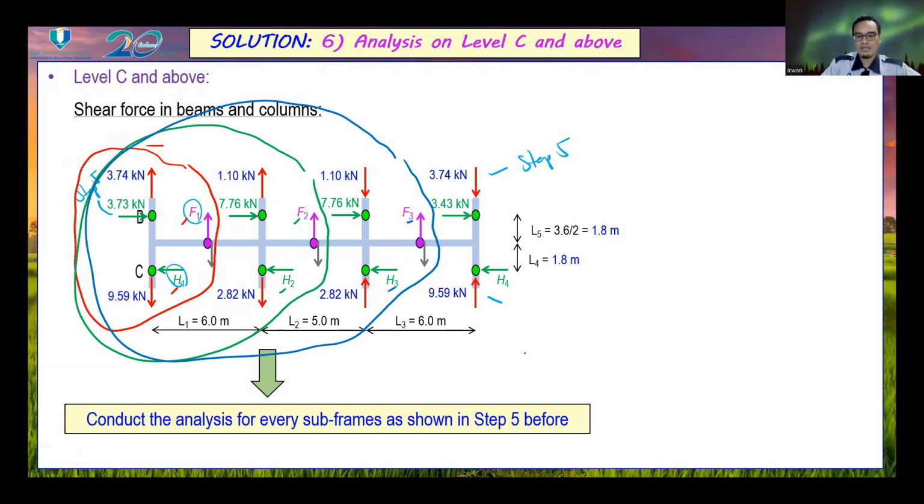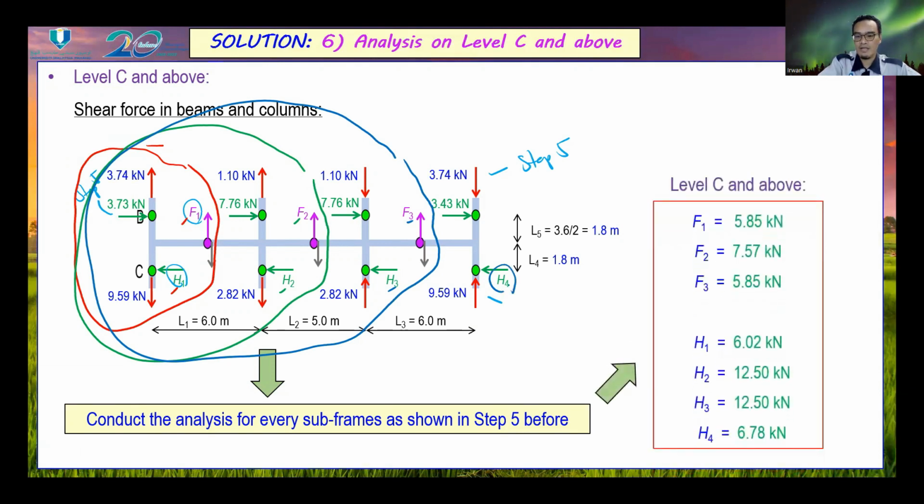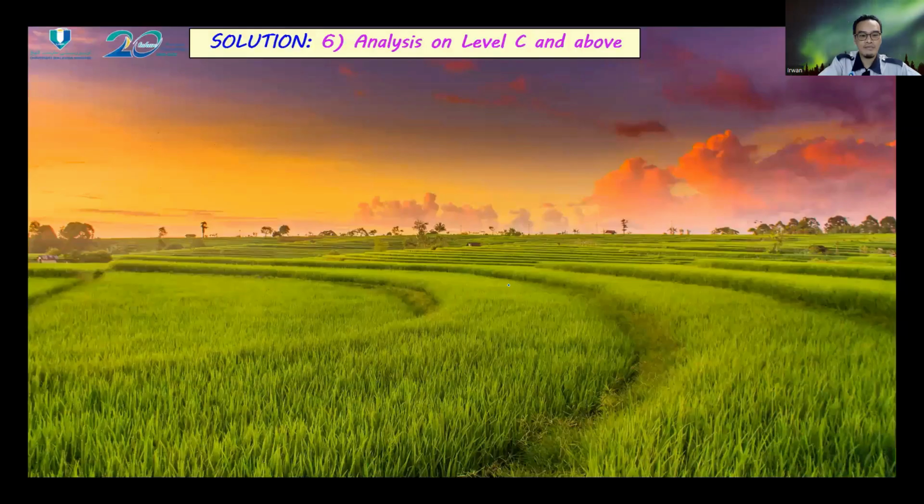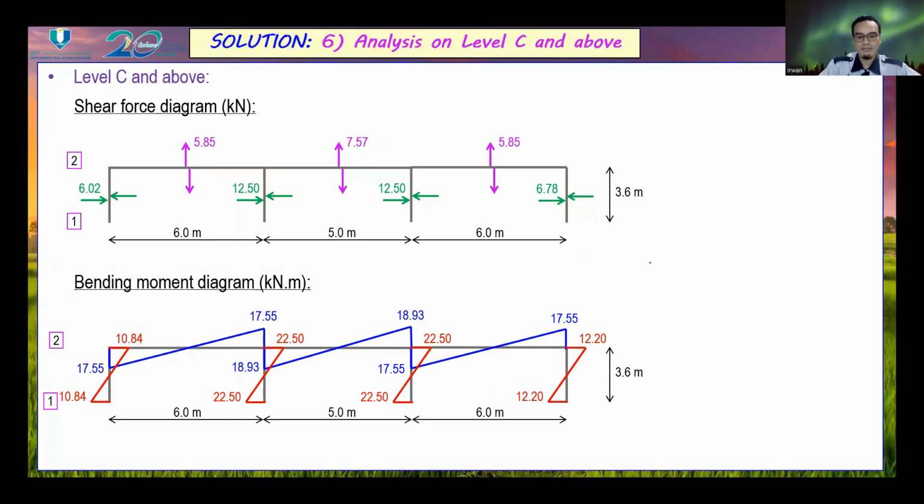Then we consider the whole frame to calculate H4. So the final result is like this one. Next, this is the shear force diagram and the bending moment diagram for level C and above.